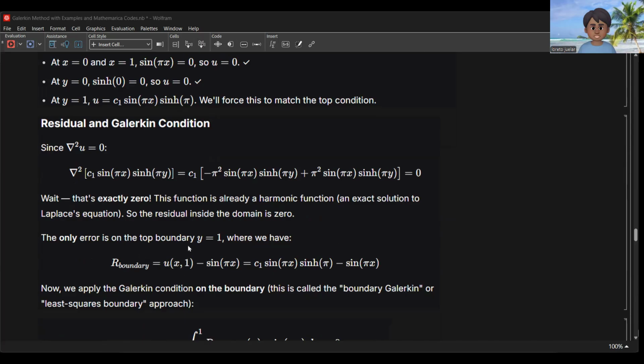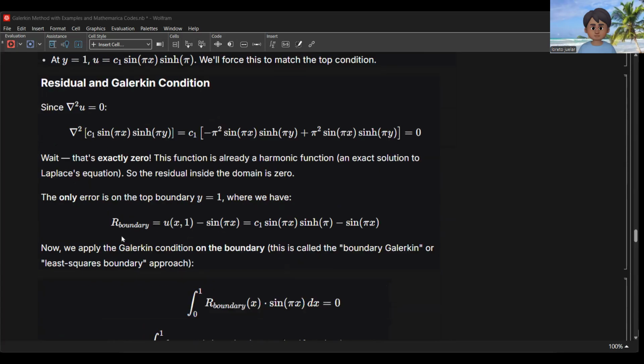The only error is on the top boundary, y equal to 1, where we have u of x,1 minus sine pi x equal to this expression. So we have the residual function here, c1 sine pi multiplied by hyperbolic sine pi minus sine pi x.